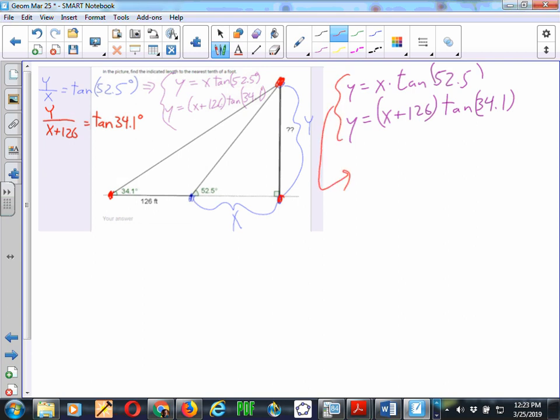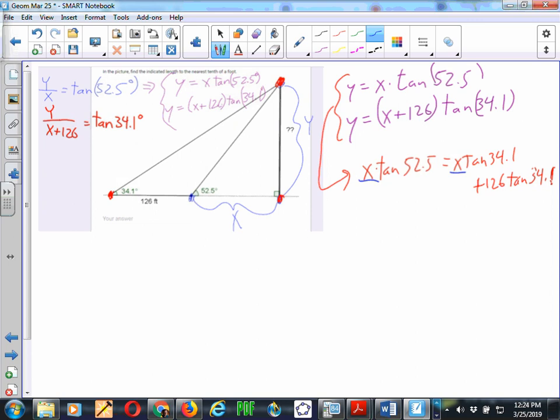So if we're going to solve this algebraically, we get x times tangent of 52.5 is equal to, on the right-hand side, I'm going to distribute the second one, x tangent of 34.1 plus 126 tangent of 34.1. So when we're trying to solve this for x, we've got an x term here and an x term here.